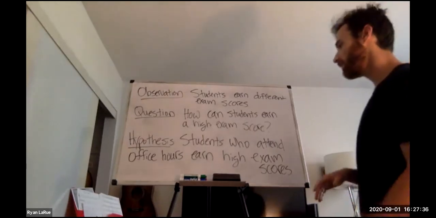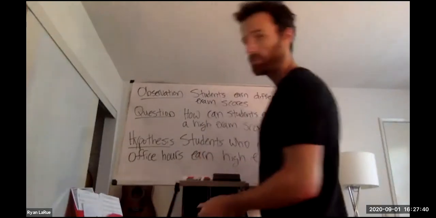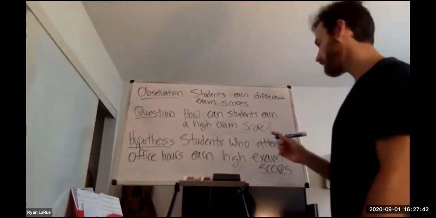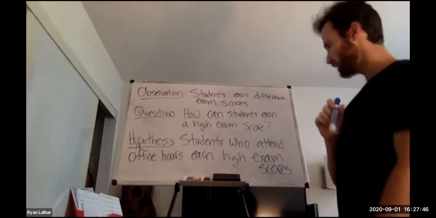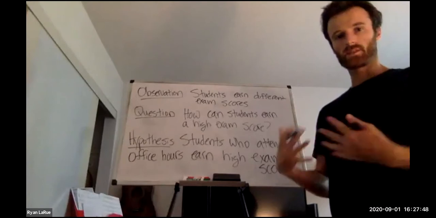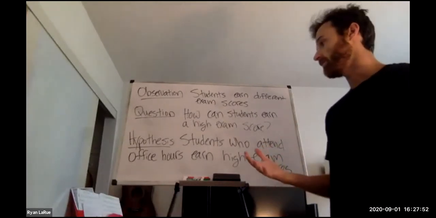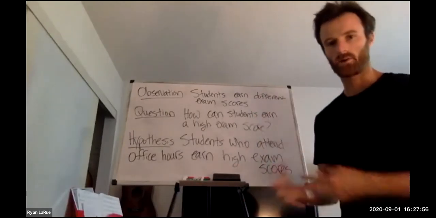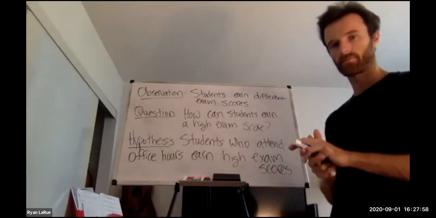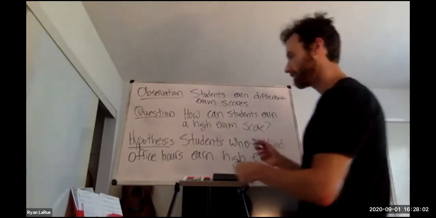Okay, so based on our lecture today and what we learned about independent and dependent variables, what's our independent variable for this hypothesis? What are we, the researcher, introducing and interested in seeing will influence our dependent variable? Yeah, the office hours, totally.